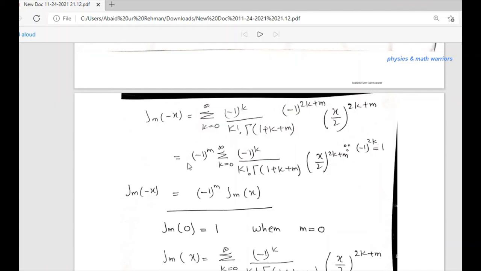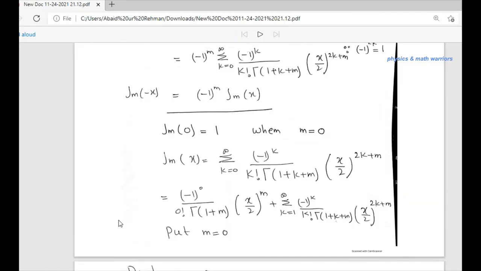So the above equation becomes J m of minus x is equal to minus 1 raised to power m times the summation k equal to 0 to infinity of minus 1 raised to power k over k factorial gamma of 1 plus k plus m, times x over 2 raised to power 2k plus m, and this is the summation of J m of x. So this becomes J m of minus x is equal to minus 1 raised to power m J m of x.